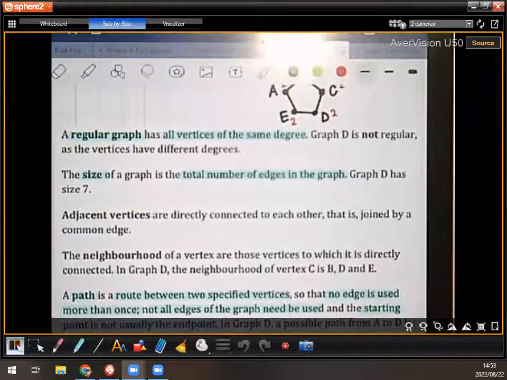We can do some identification, see if we can draw it if it's not a connected graph. Straight line. That's not.